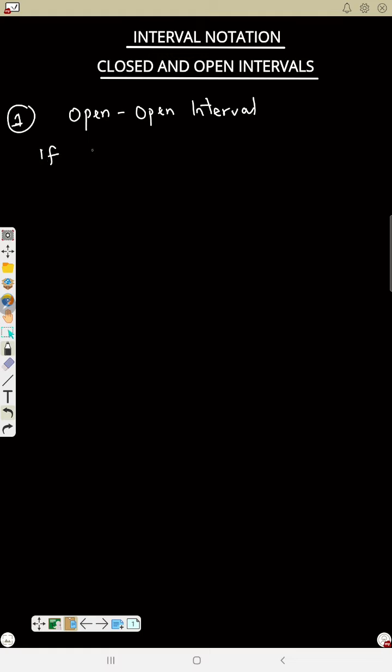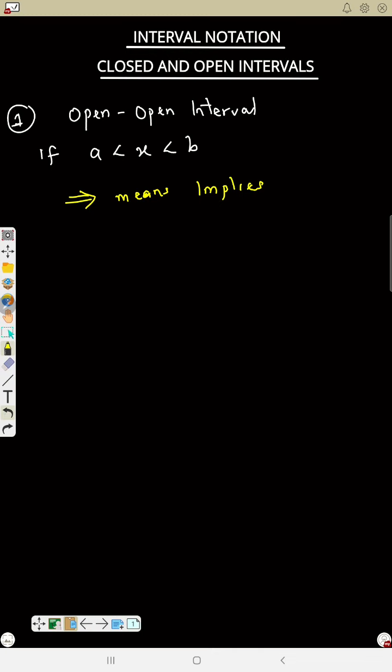If a is less than x and x is less than b. Now what does this mean in interval notation? Now if a is less than x and x is less than b, so what does this imply? Now this symbol means implies.